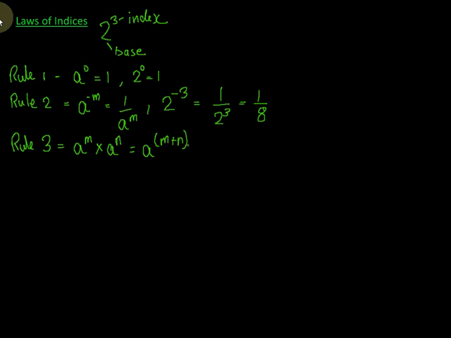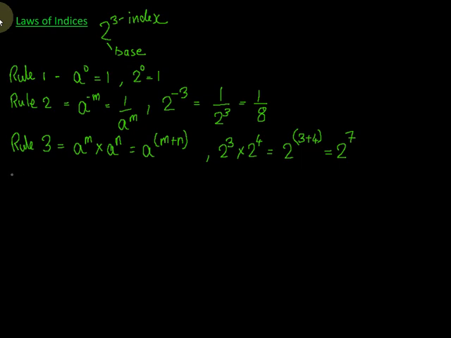Let's check this with an example. For example, 2 to the power of 3 times 2 to the power of 4. I can write this as 2 to the power of 3 plus 4, which is equal to 2 to the power of 7.